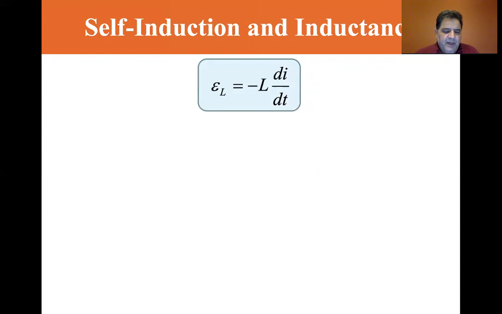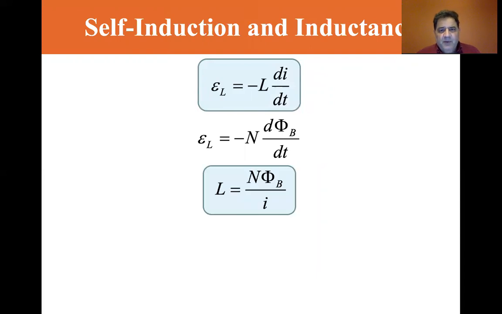And if you have N turns, Faraday's law says that E sub L is equal to minus N d phi/dt, where phi is the magnetic flux. Now, if we relate these, L is equal to N times the magnetic flux divided by i.